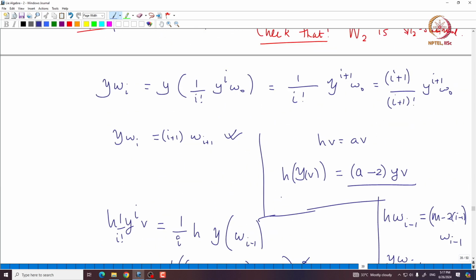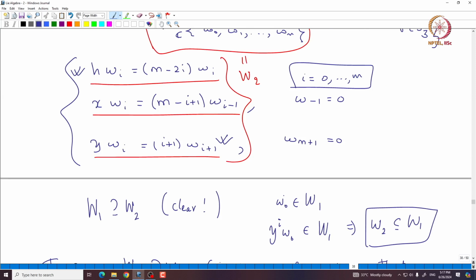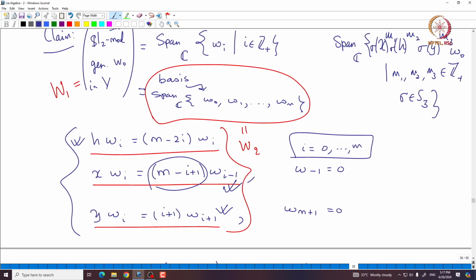So, now I will leave it to you to check that the third formula, x W I, is nothing but m minus I plus 1 times y W I minus 1. Okay. So, basically these formulas are true and these formulas immediately tell that because V is an SL2 module, the span of W0 etc. Wm is also an SL2 submodule.